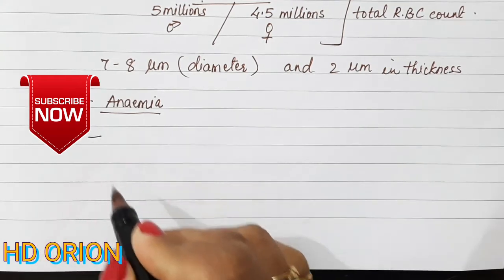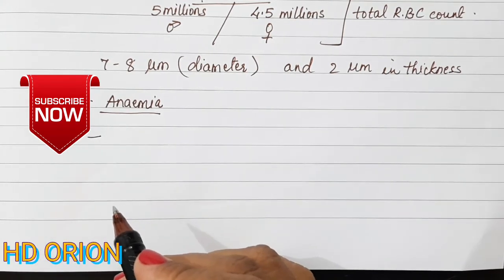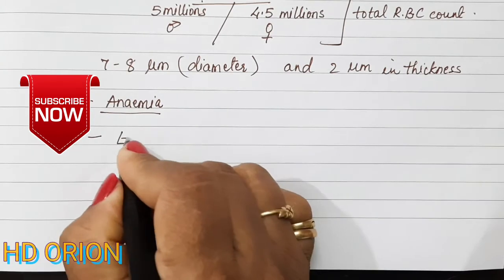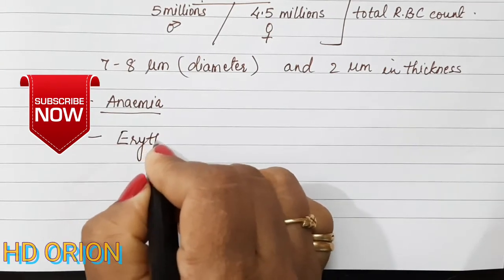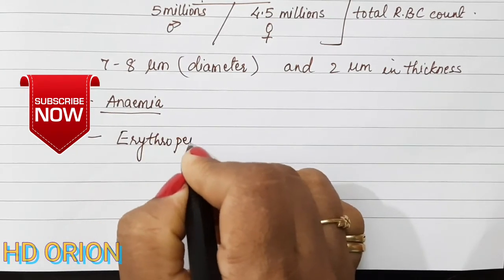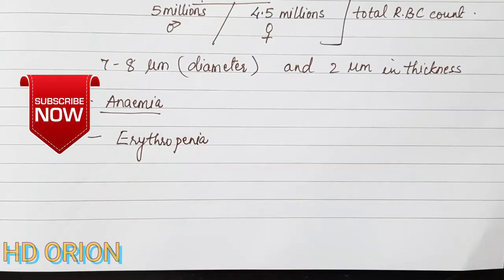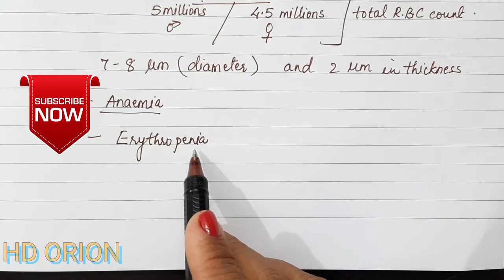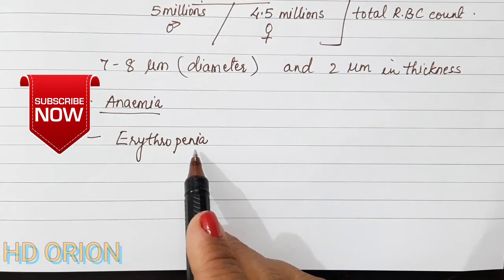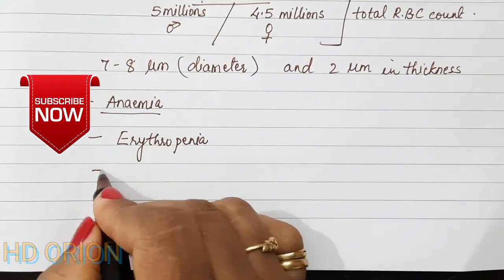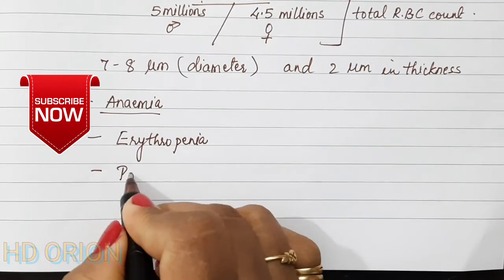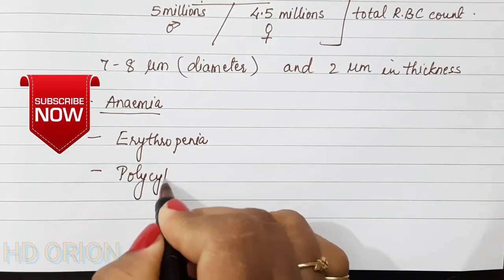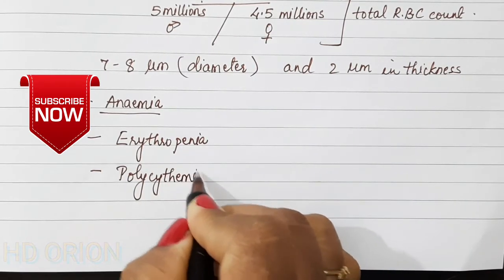If the RBCs decrease abnormally in count, then it is known as erythropenia, or sometimes also known as erythrocytopenia. In this condition, there is an abnormal decrease in the RBC, and when there is an abnormal increase in the RBC, we call it polycythemia.